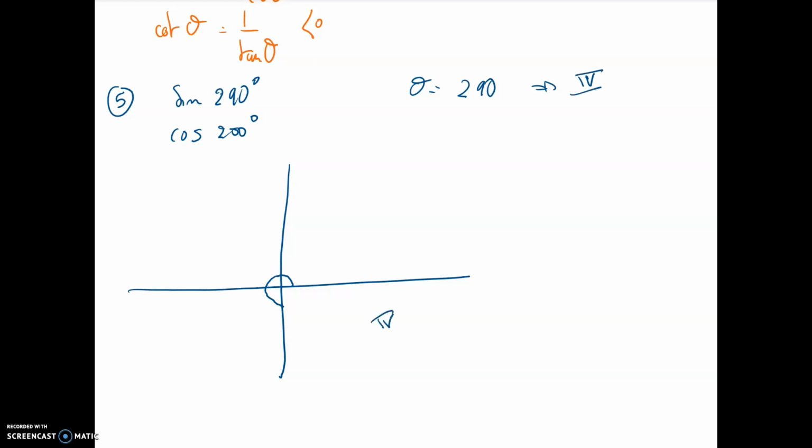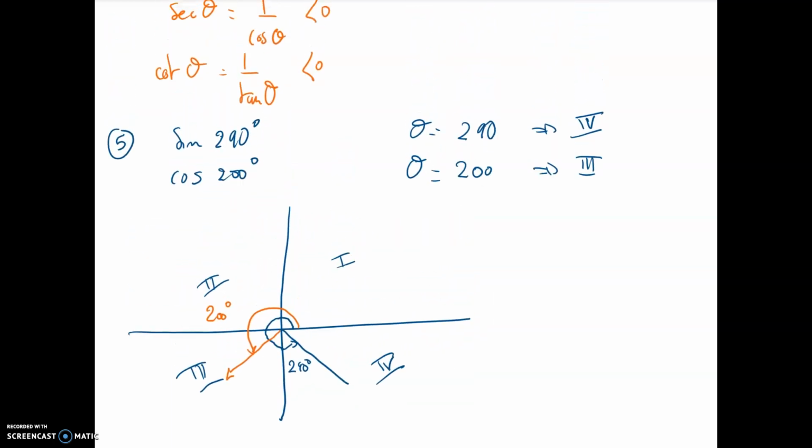Okay, this is my quadrant 4. Quadrant 1, 2, and 3. On the other hand, for theta equals 200 degrees, 290 degrees is here, but 200 degrees will be somewhere around right here, with an angle of 200 degrees. So that means I will be in quadrant 3.